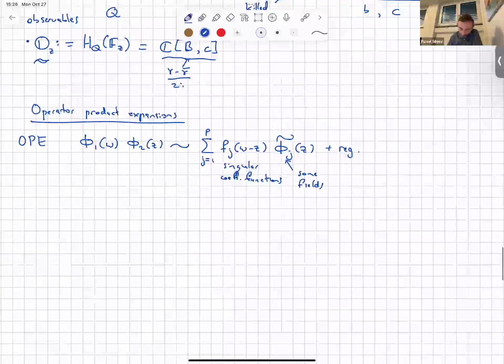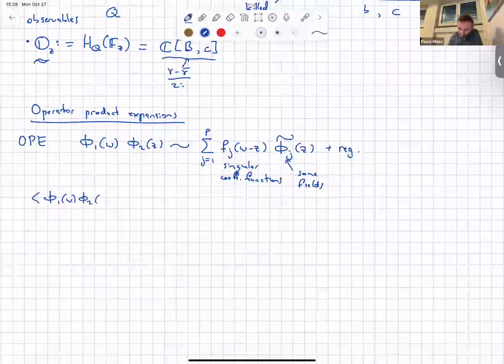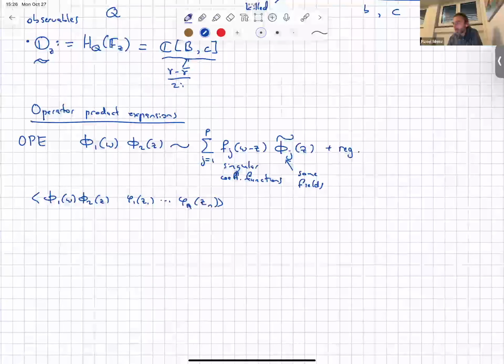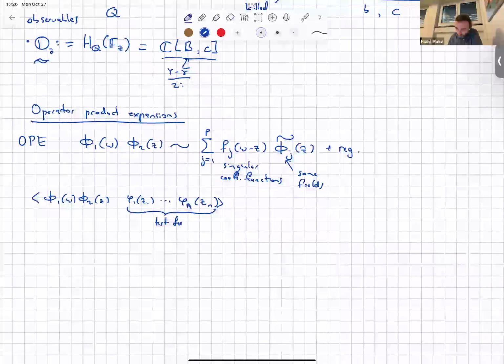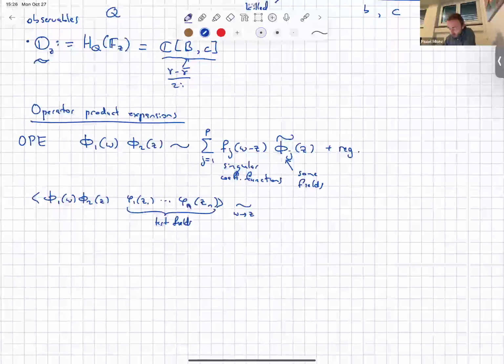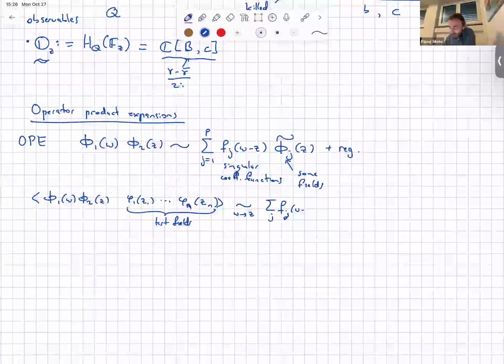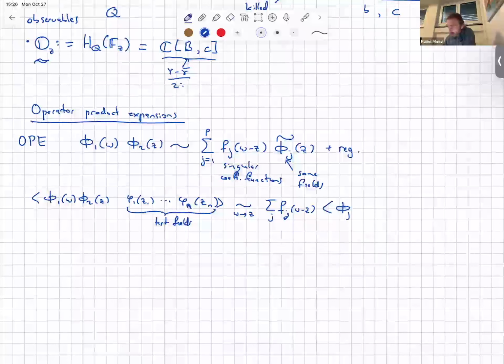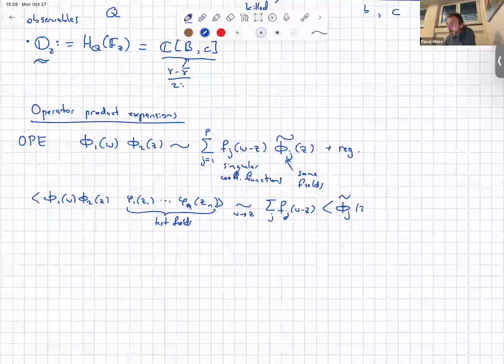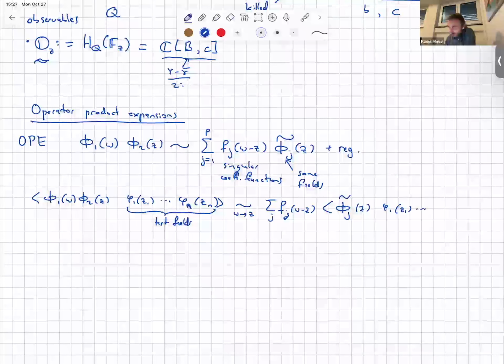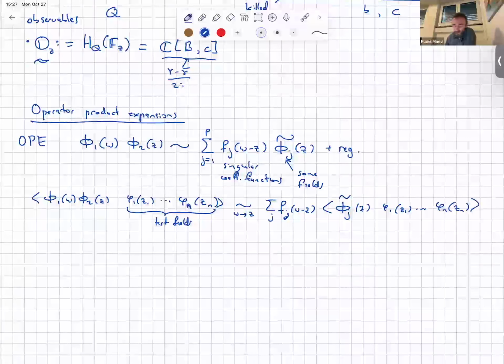So that means that if I take these two fields, and then also some collection of test fields at some other points, some test fields V_n of Z_n, then it can be replaced, in the asymptotics W approaching Z, with the sum of my coefficient functions times the correlator of this new field phi twiddle at the point Z with the test fields. So that is what having an OPE means.